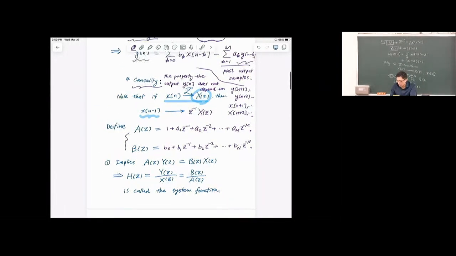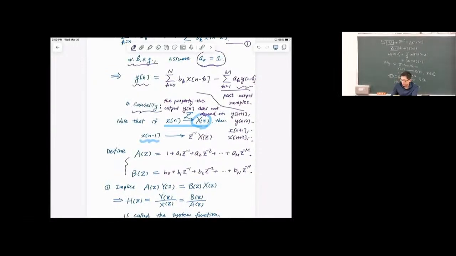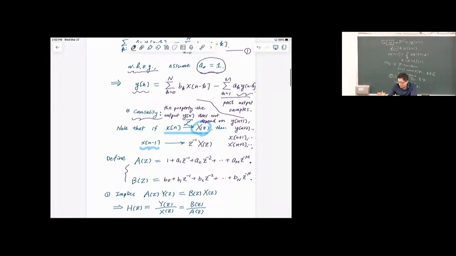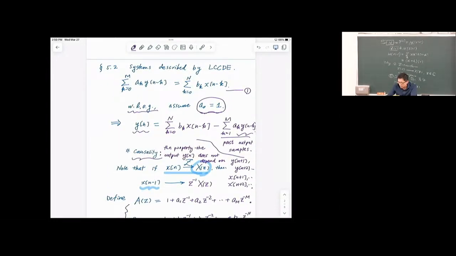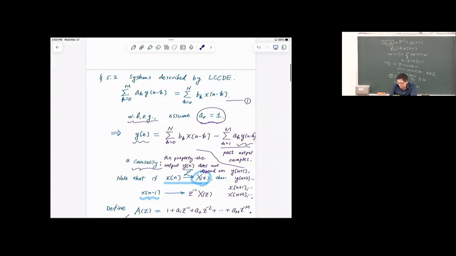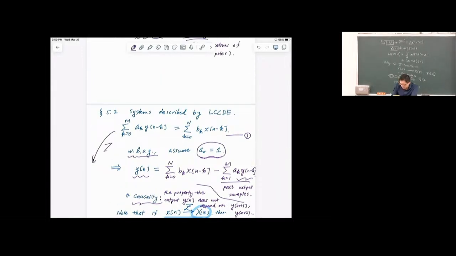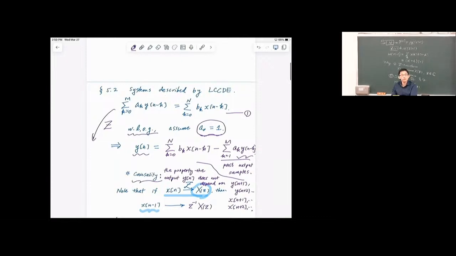So it turns out that if we take equation 1, right here, and perform Z transform, okay?